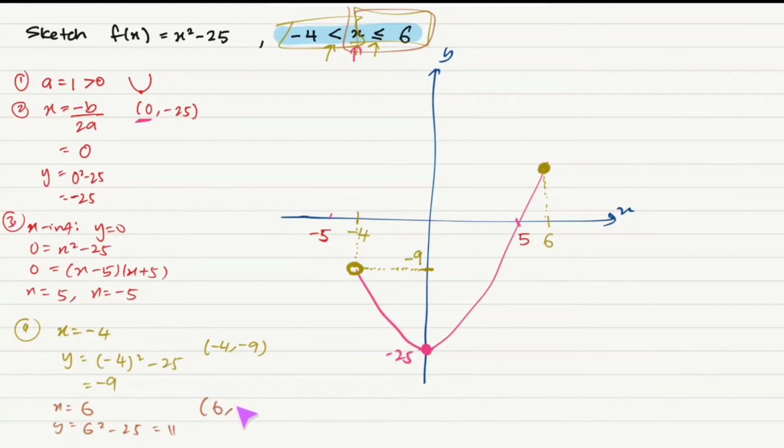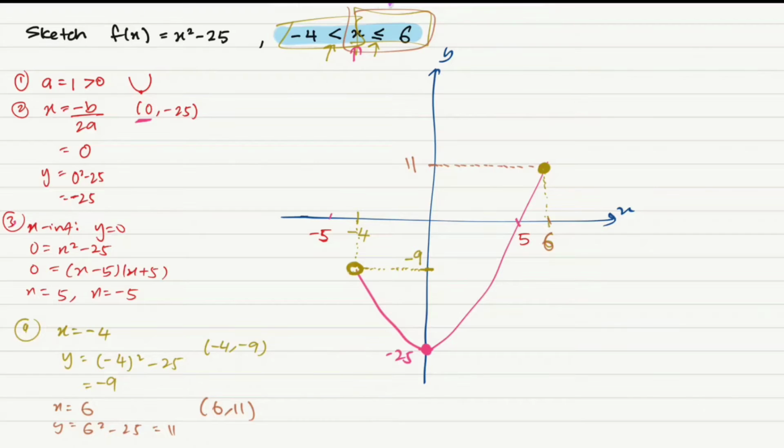So the coordinate is (6, 11). That means right at 6, the y coordinate is 11. Make sure you label your points clearly so that it's easier for you to determine the domain and range of this graph.